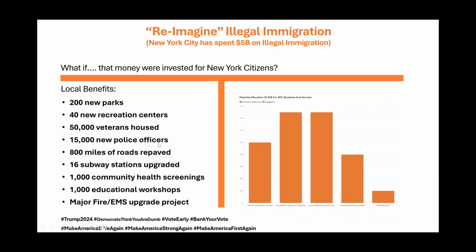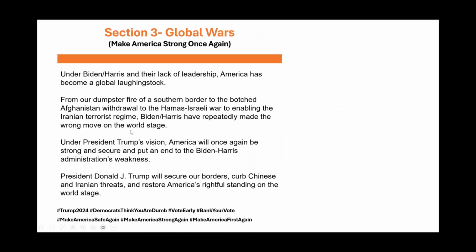These are policy decisions. When you're encouraging illegal immigration, when you're reclassifying the laws, when you're encouraging free giveaways, that money's being redirected where it could have been and should have been redirected to local benefits for local citizens.